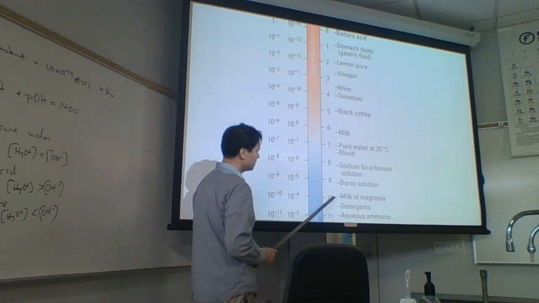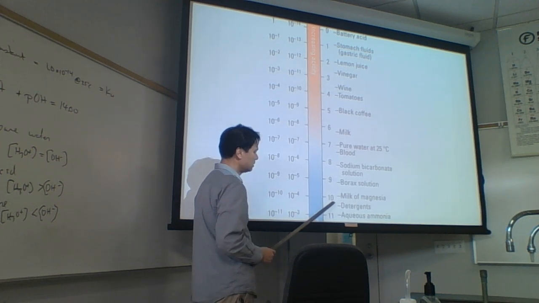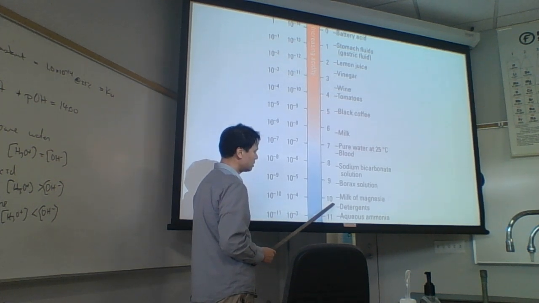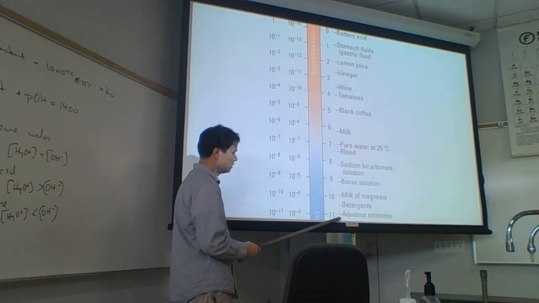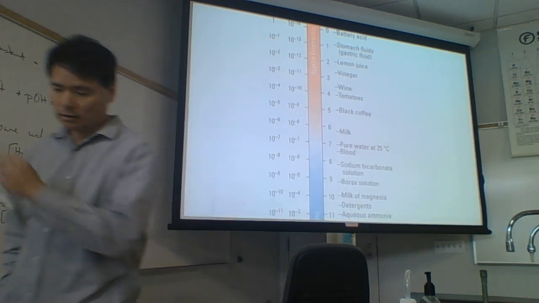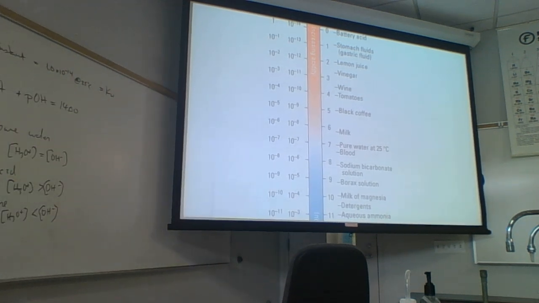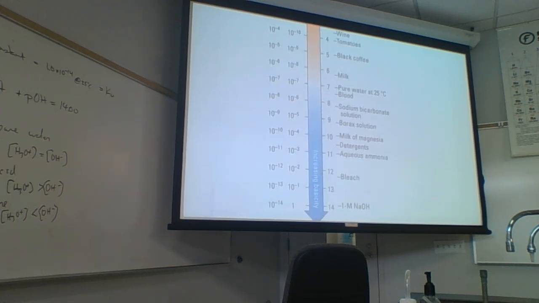Sodium bicarbonate, slightly basic. Borax, slightly basic. Now we're getting more strongly basic, like milk of magnesia, pH 10, strongly basic. A lot of detergents are strongly basic. Aqueous ammonia is getting more basic, although aqueous ammonia we call a weak base, partially.